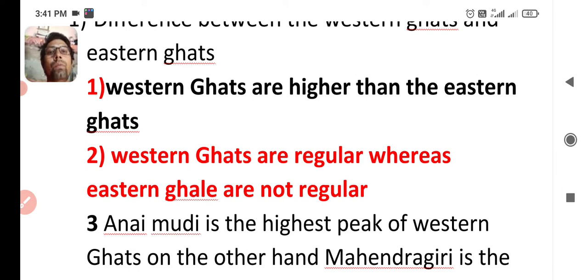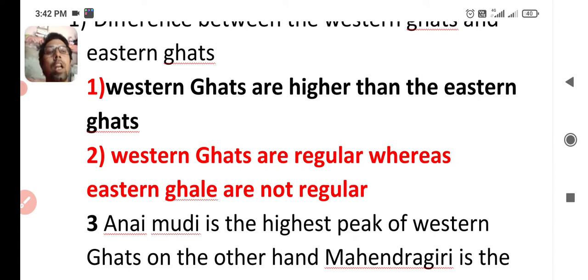Why? What is the reason behind it? Because in the Eastern Ghats there are various rivers named Mahanadi, Godavari, Krishna and Kaveri. These rivers have cut through them, and due to this, Eastern Ghats are not regular. So I think you got the point why the Eastern Ghats are not regular.